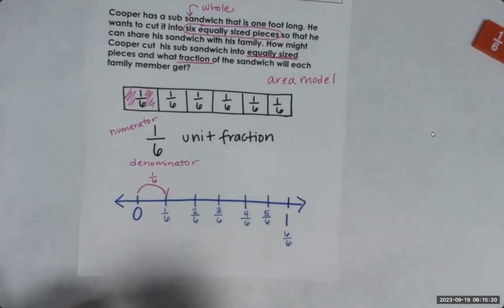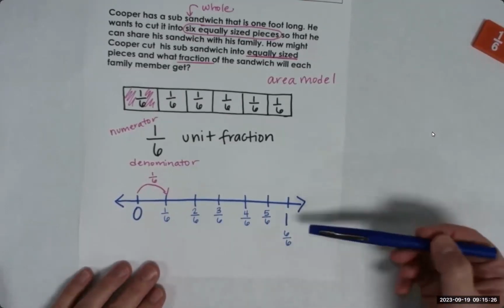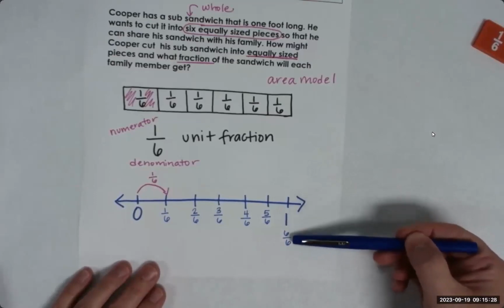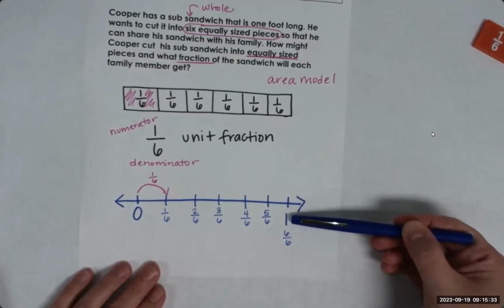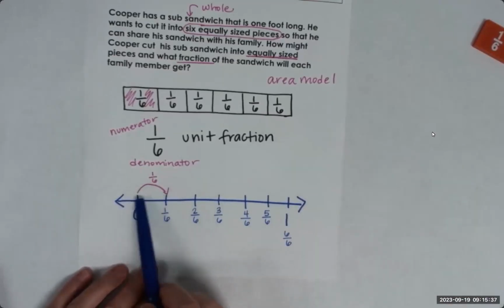I can prove that with my fraction tiles if I need to. But we're just going to go ahead and write that equivalency right below that 1 whole. So students see that 6/6 is equivalent to, equal to, or the same as 1 whole. Okay. So each distance or each interval on this number line has a value of 1/6.